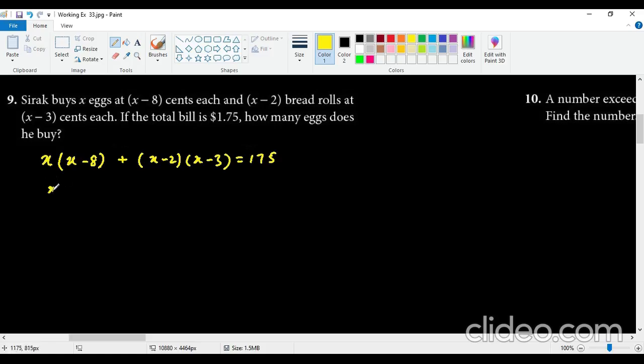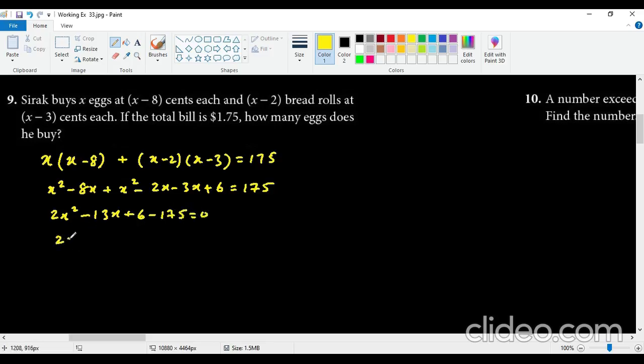So this gives us x square minus 8x, and when we solve these two brackets, it gives us x square minus 2x minus 3x plus 6 equals 175. Now x square and x square gives us 2x square, and minus 8 minus 3 and minus 2 gives us minus 13x, and plus 6 minus 175 equals 0.